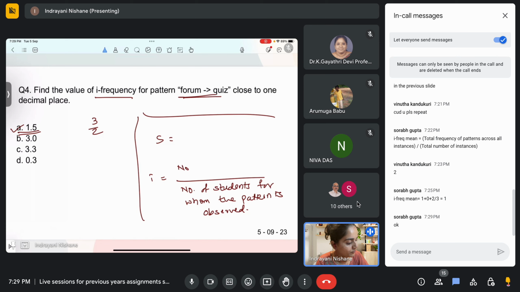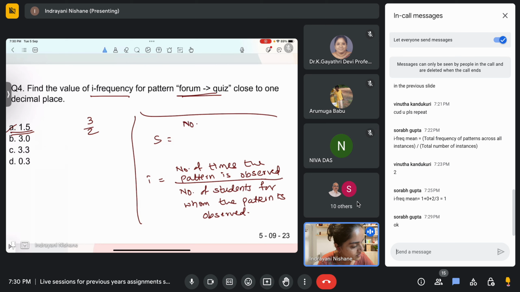And S support is the number of students for whom the pattern is observed, divided by the total number of students.